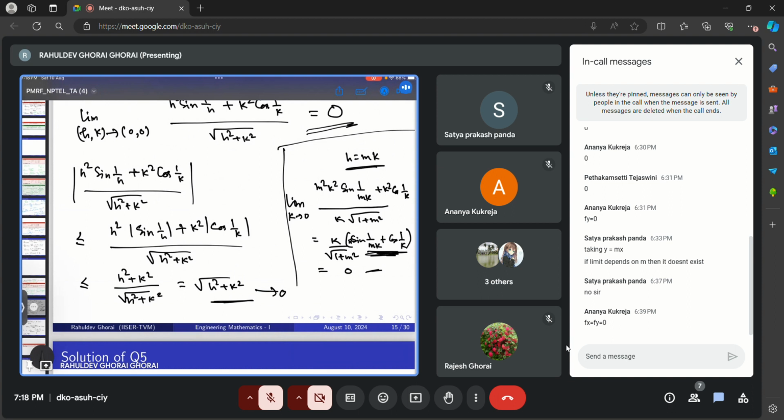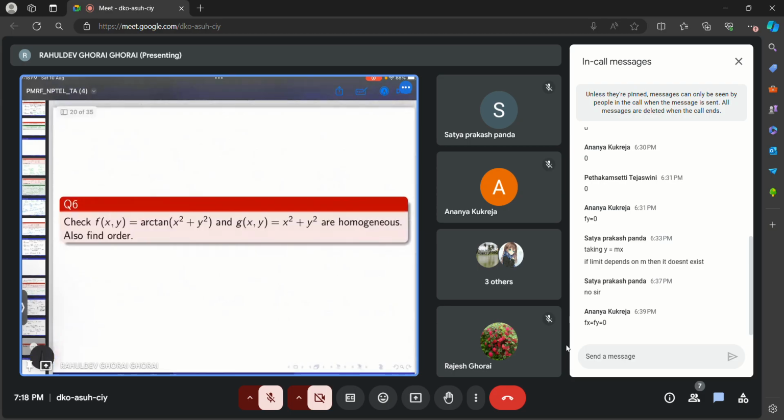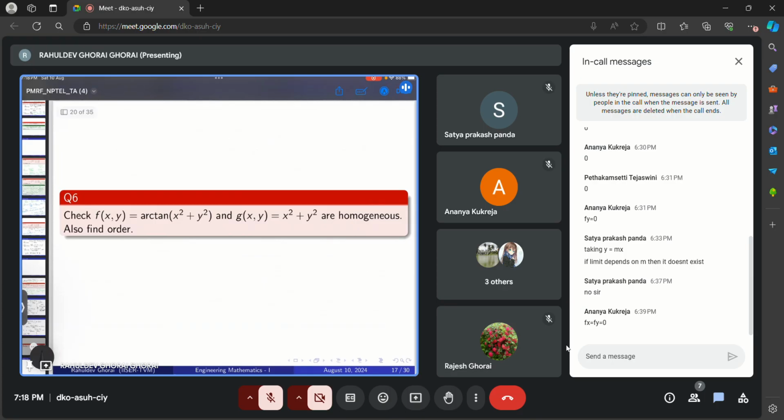Okay. So if it's fine, then we'll move to the next part. Of course, we will be using differentiability maybe, but the last topic here is mainly the homogeneous function.